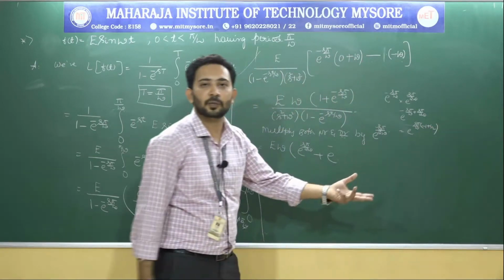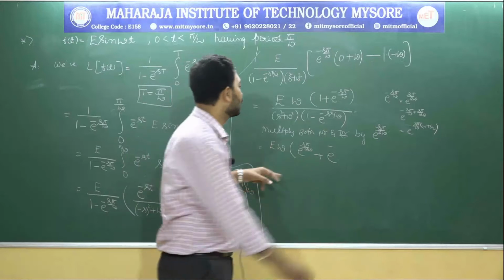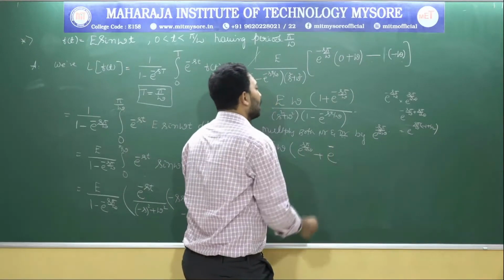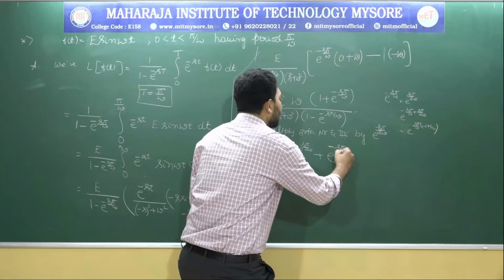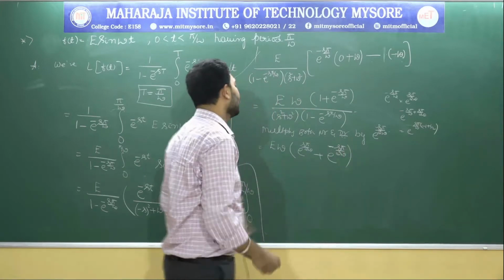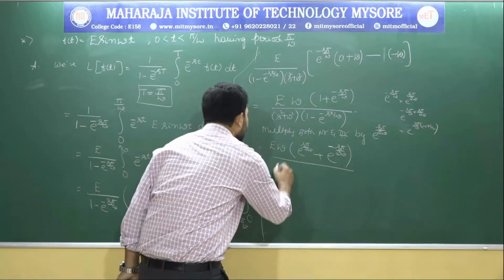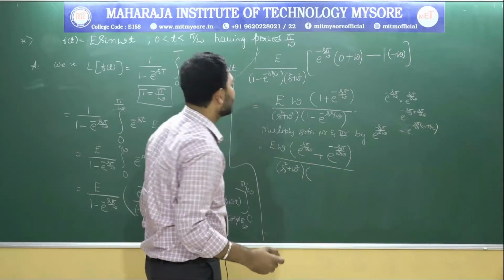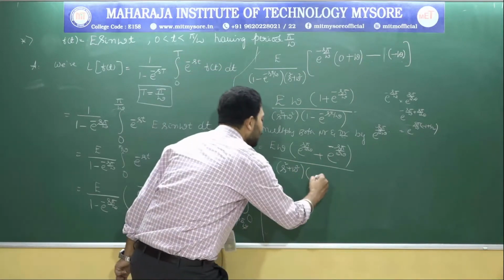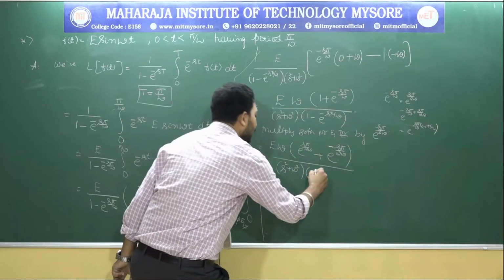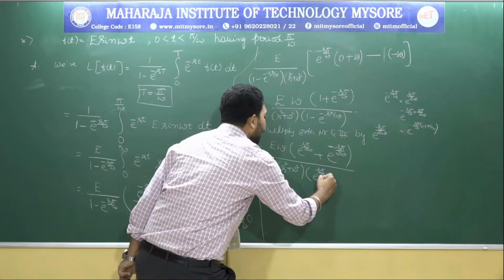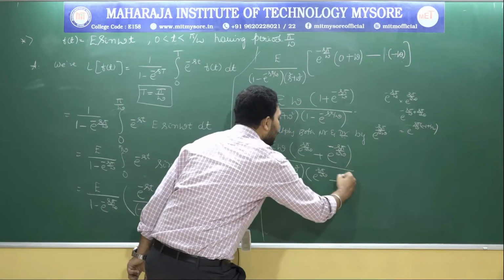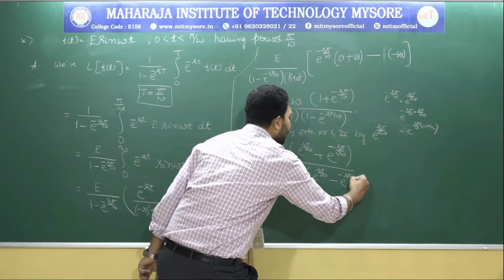It is minus 1 by 2. Minus 1 plus 1 by 2 is minus 1 by 2. So I can write this as minus s pi by 2 omega overall divided by s square plus omega square into 1 minus e power minus s pi by omega multiplied by e power s pi by 2 omega. It is e power s pi by 2 omega minus e power minus s pi by 2 omega.